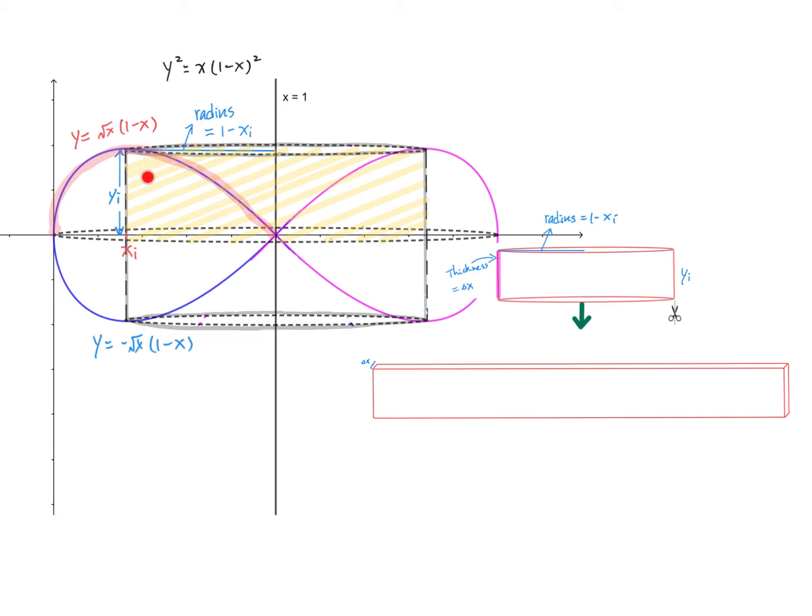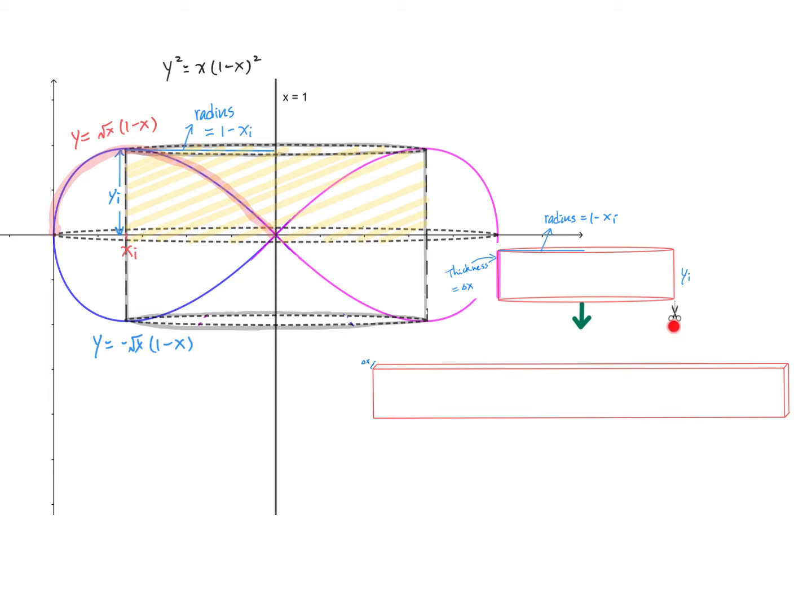Let's consider the upper half of the cylinder. The thickness of the cylinder equals delta x. Try to think about it. We peeled off this torus layer by layer, and we obtain a very thin layer of cylinder, and the thickness should be here, which is delta x. This cylinder is actually hollow in the middle, which makes it a tube.